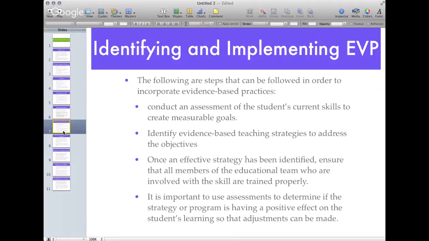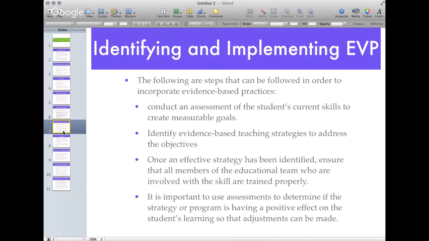Identifying and implementing evidence-based practices. The following are steps that can be followed in order to incorporate evidence-based practices. You could conduct an assessment of the student's current skills to create measurable goals. You would then identify evidence-based teaching strategies to address the objectives.